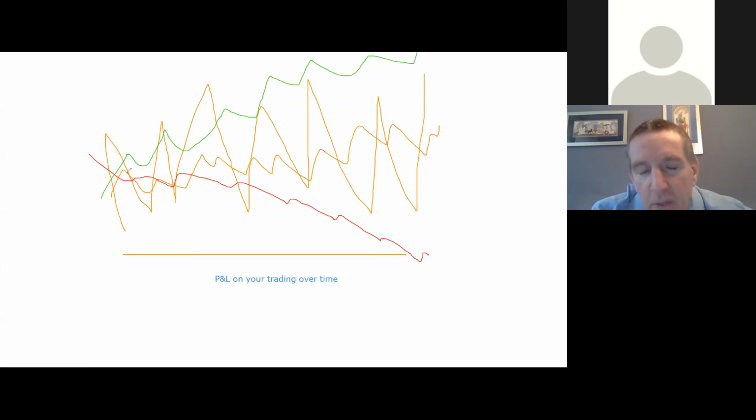Whereas their psychology is such that they don't want to lock in the loss, so rather than lock in the loss, they will hope that the losing position will somehow recover, which means they're not able to reinvest that money in something more profitable.